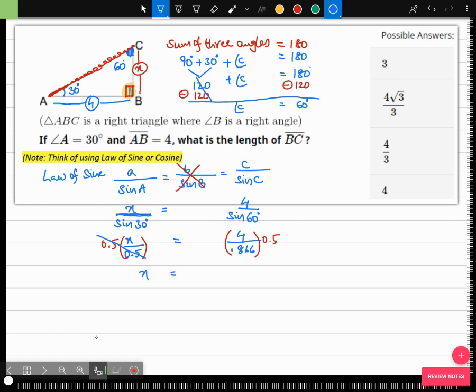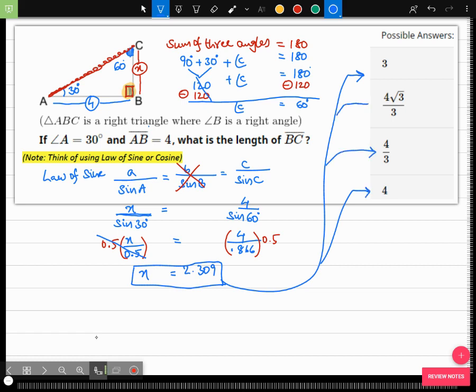The value of x is 4 divided by 0.866, and then the result is multiplied by 0.5. 2.309. Oh, see, I know that this is my final answer and it is not matching. Please notice that this is not matching with any of these values.